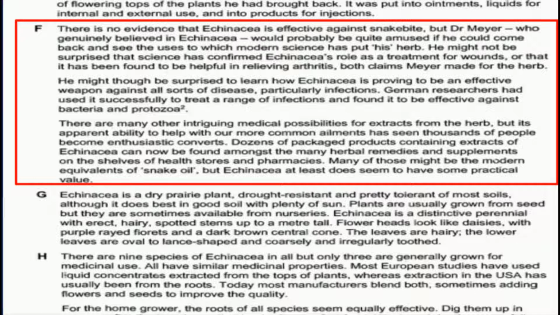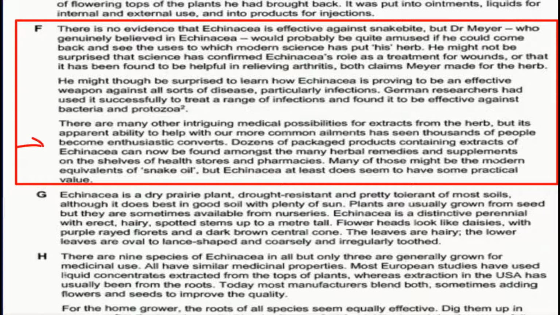The next paragraph in that particular section tells us about how you will be surprised about the usage against all sorts of diseases, particularly infections.